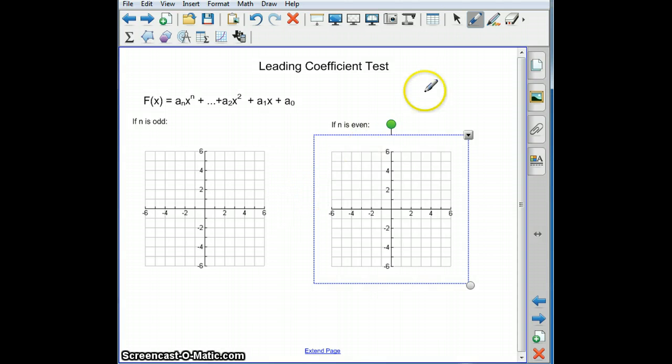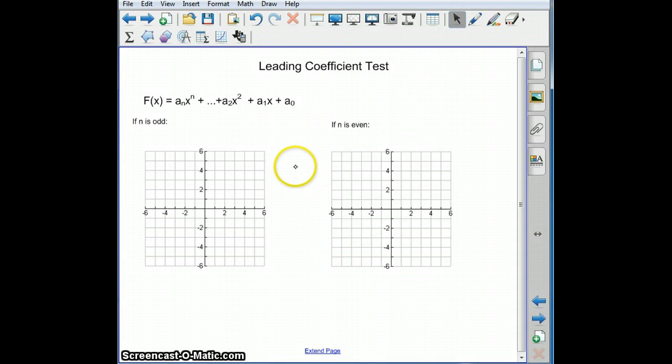Okay, one of the first things you need to know about polynomials is the leading coefficient test. All polynomials are in the form a sub n x to the n power plus as many terms as you need in between, and then a sub 2 x squared plus a sub 1 x to the first plus some constant a sub 0.